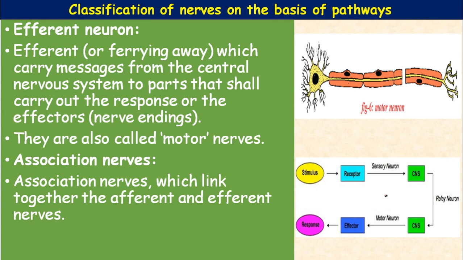Neurons are also divided into different types based on their structure: unipolar neurons, bipolar neurons and multipolar neurons. For example, the neuron here is a multipolar neuron.